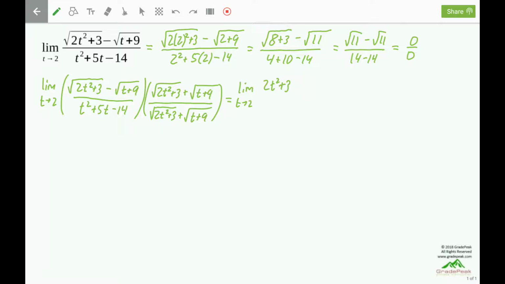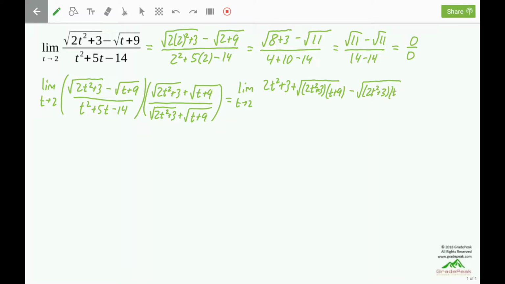The outside, root of 2t squared plus 3 times the positive root of t plus 9 will give us a positive root of 2t squared plus 3 times t plus 9.